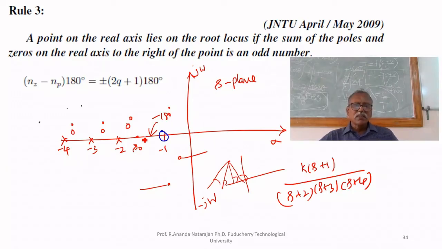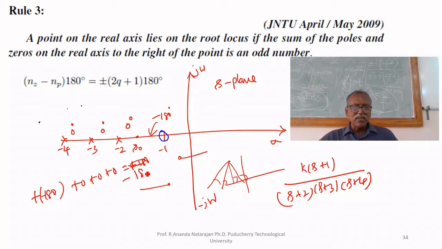The zero is in the numerator, so it is plus. Plus minus 180, plus 0, plus 0, plus 0 equals 180 degrees.